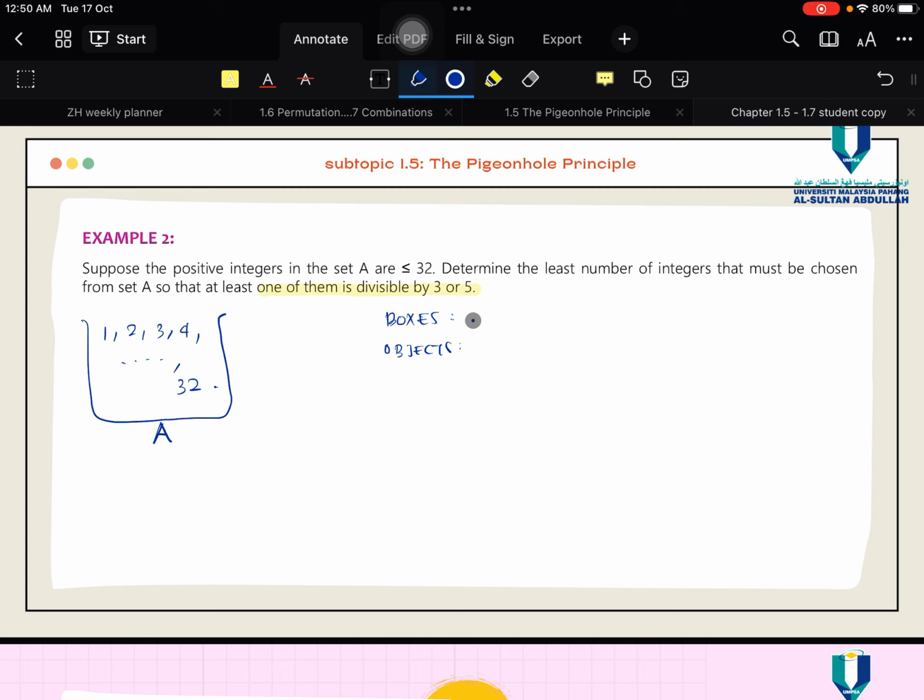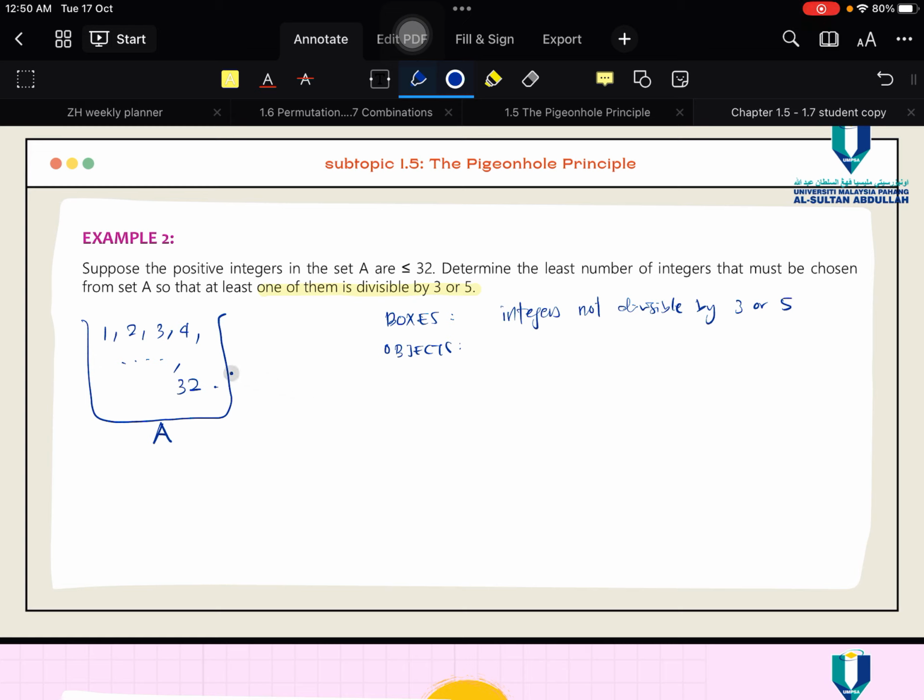So boxes kita mesti apa? Yang sebaliknya. Betul? Yang sebaliknya. So ini adalah integers. Kita kena kira dah tu ada berapa. Ada berapa integers not divisible by 3 or 5.